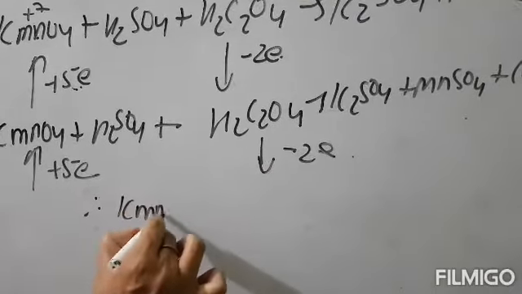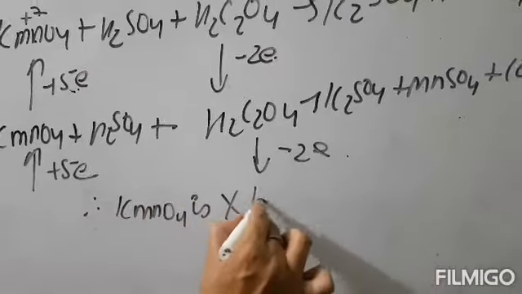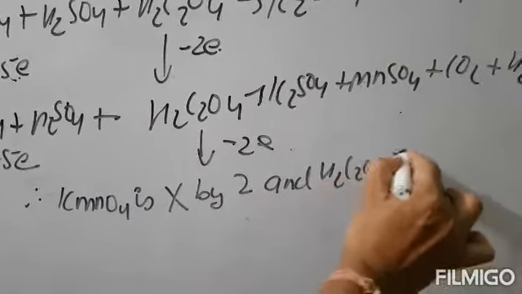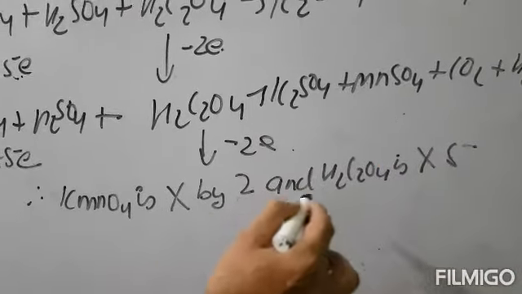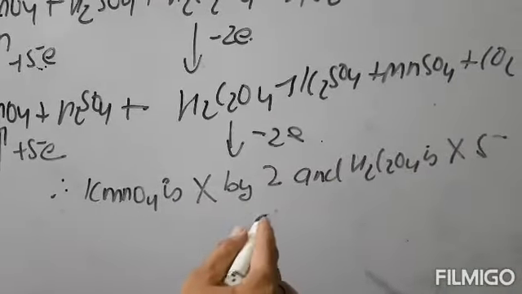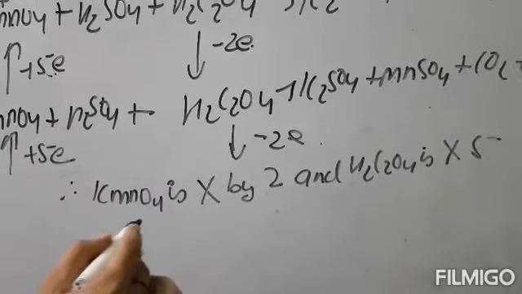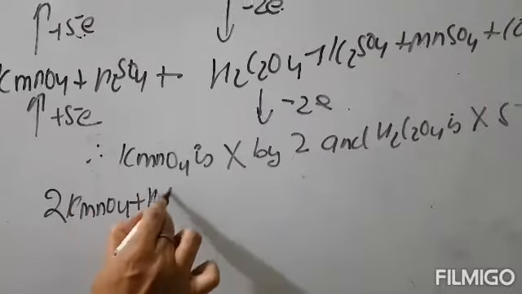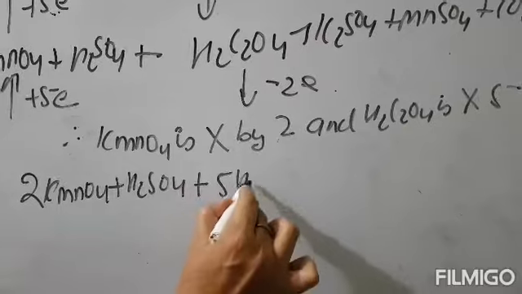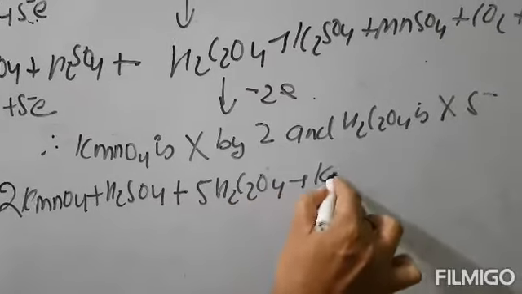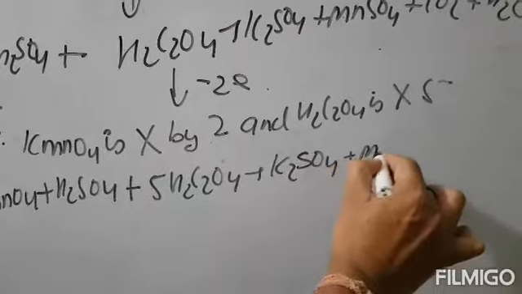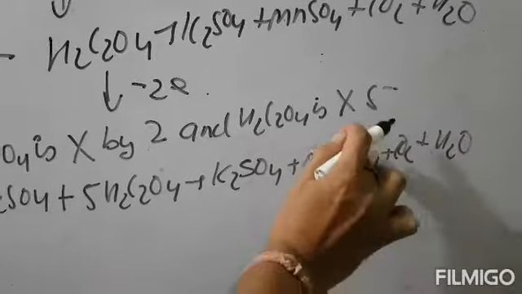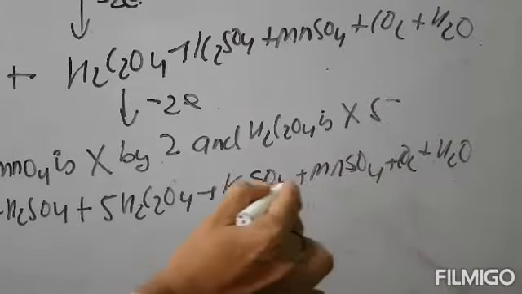Therefore KMnO4 is multiplied by 2 and H2C2O4 is multiplied by 5, to make the number of electrons lost and gained 10 each. So we get 2KMnO4 plus H2SO4 plus 5H2C2O4 will give you K2SO4 plus MnSO4 plus CO2 plus H2O.